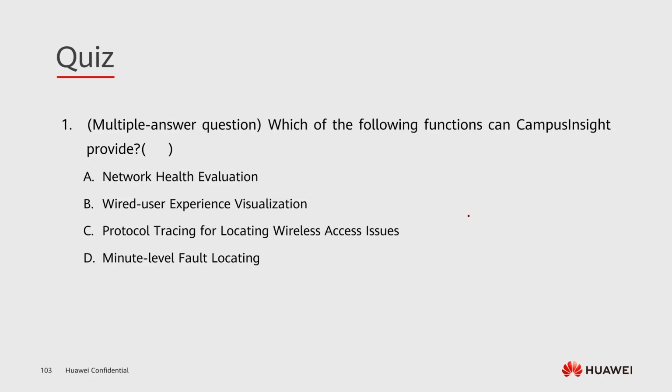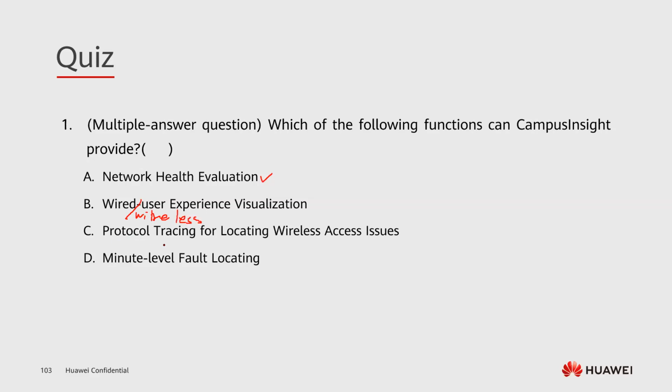And then it's a simple question: which of the following functions can CampusInsight provide? The first, the network health evaluation, can be supported by the CampusInsight, and the wireless user experience visualization is also for the wireless user.